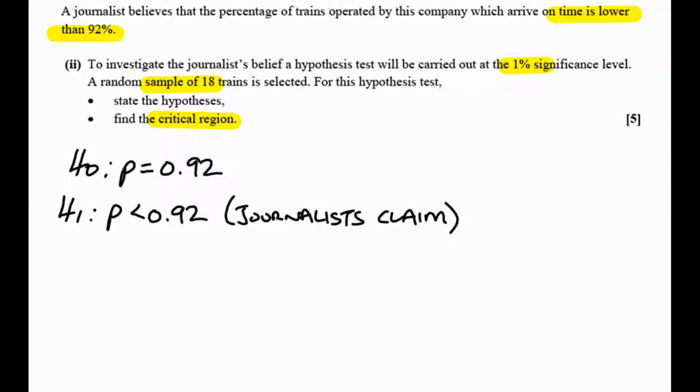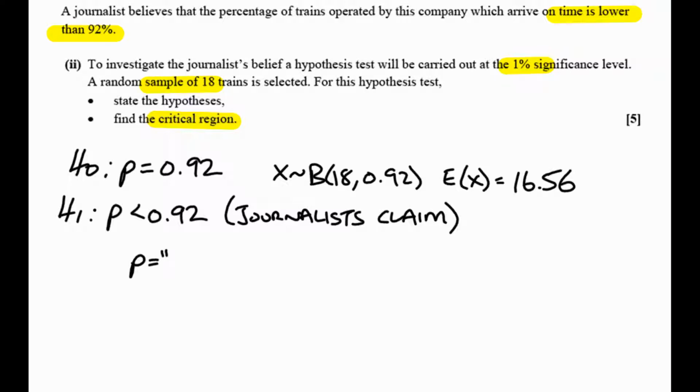All right, so if we were following this distribution, X would follow a binomial of 18, 0.92, with an expectation of 16.56. Okay, let's say exactly what p is used for. Don't forget this is usually worth a mark, defining exactly what p is. And it is, in this case, the probability that a train arrives on time.